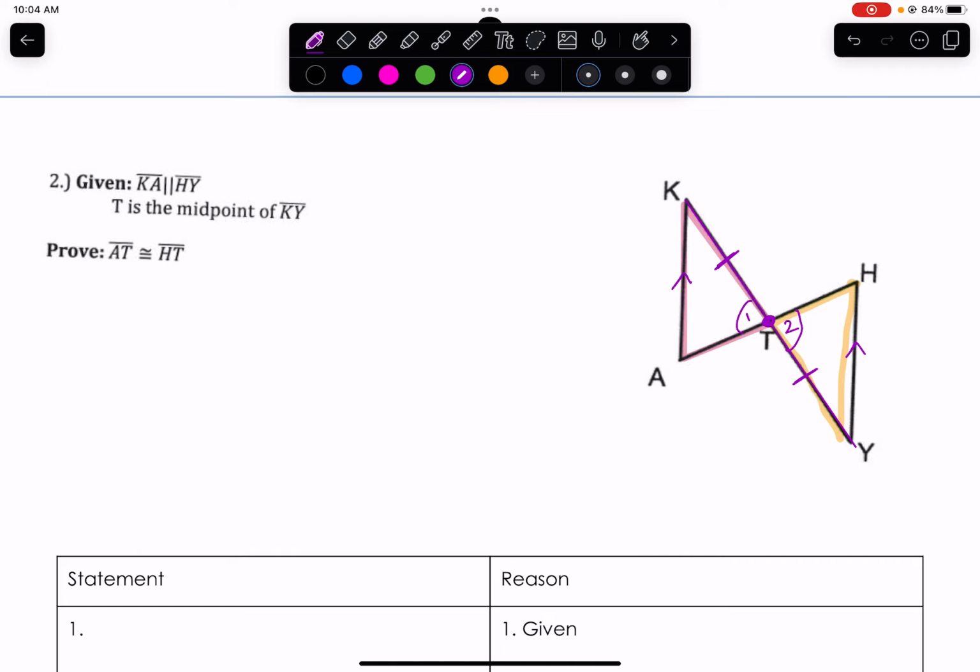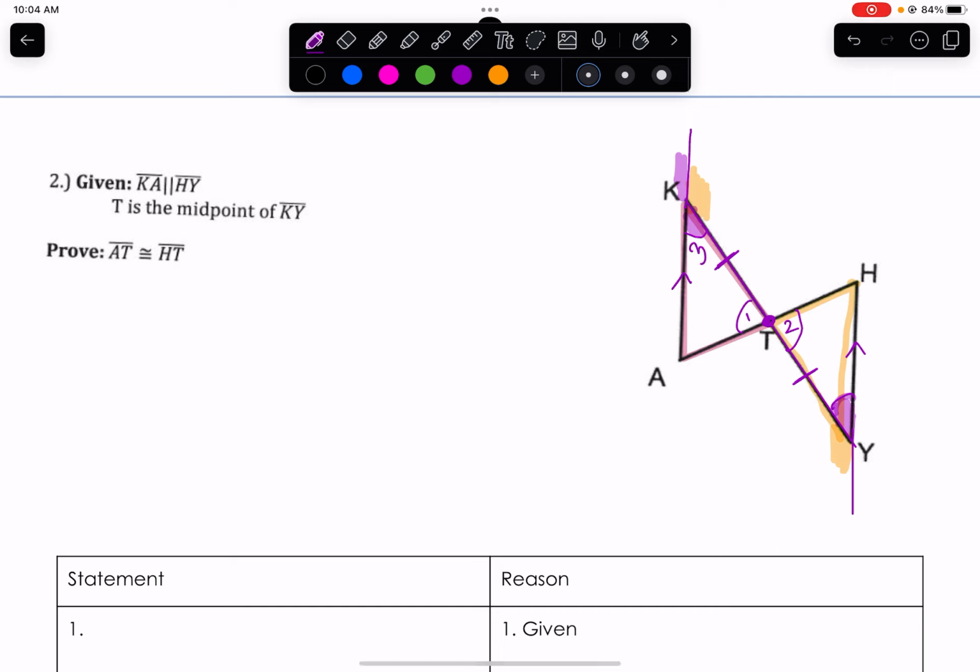Now I want to use my parallel line, so if I extend out, and if I go through and highlight, I can see that I have matching angles here.